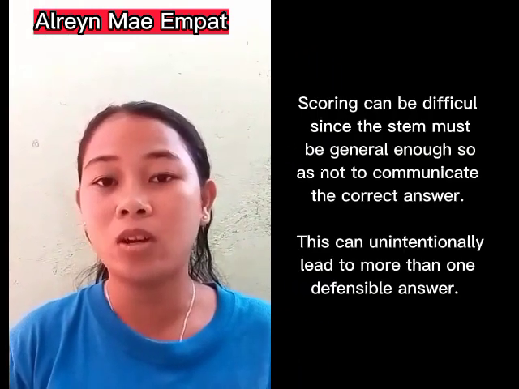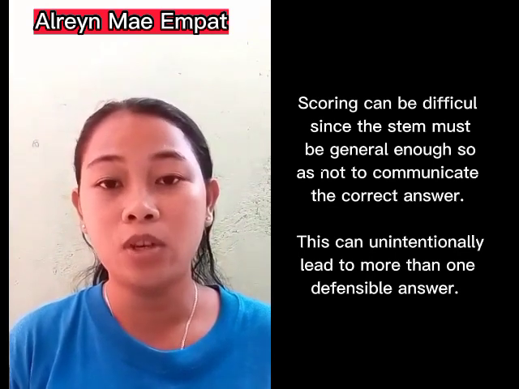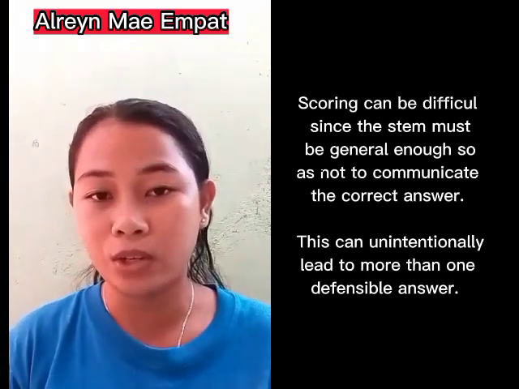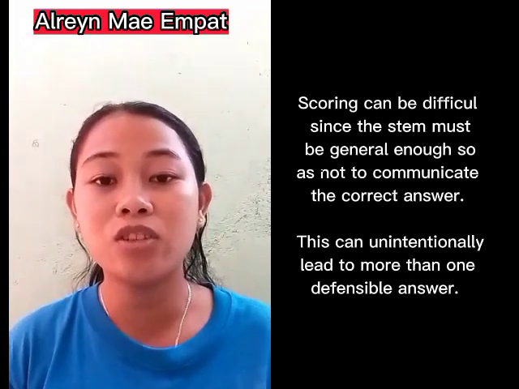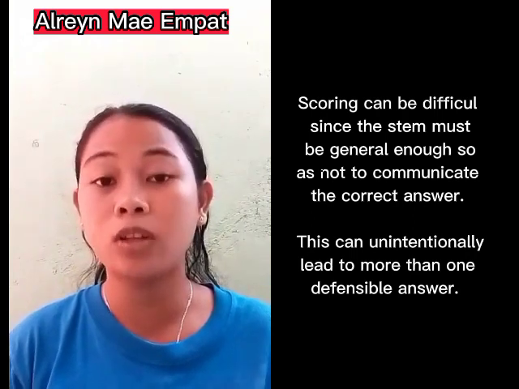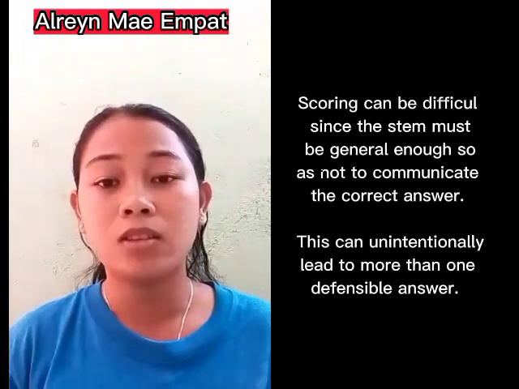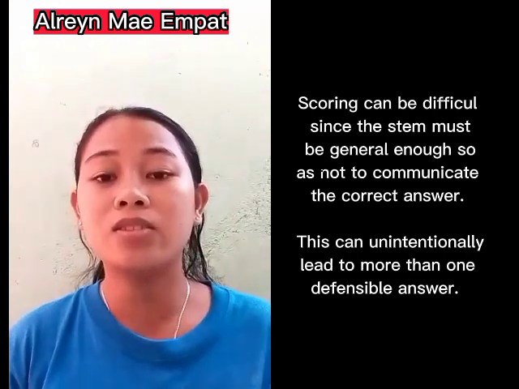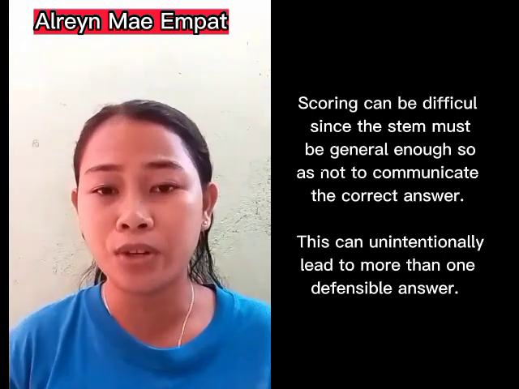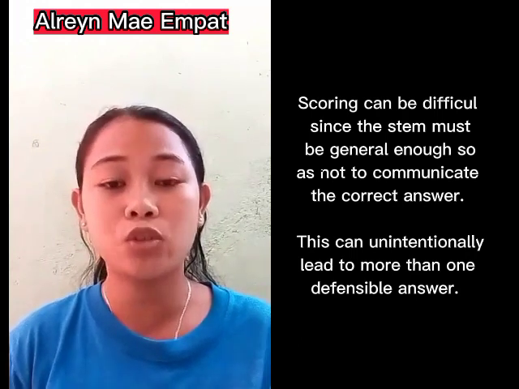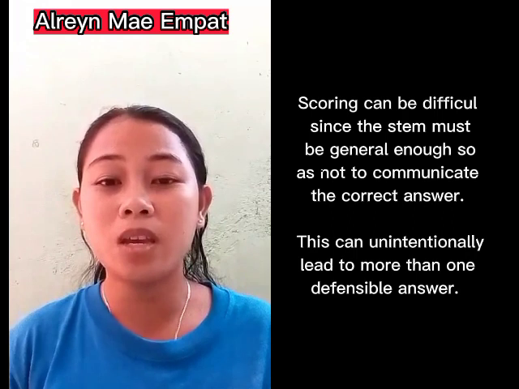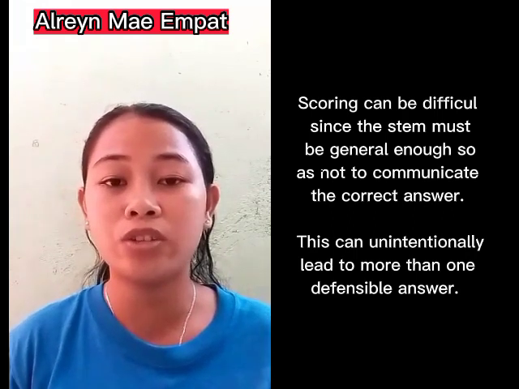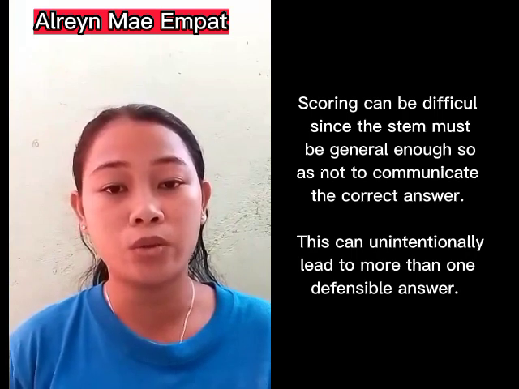Another limitation of completion or short answer item tests is that scoring can be difficult, since the stem must be general enough so as not to communicate the correct answer. This can unintentionally lead to more than one defensible answer. In other words, completion and short answer items must be concise and brief in order to refrain from too much word usage.